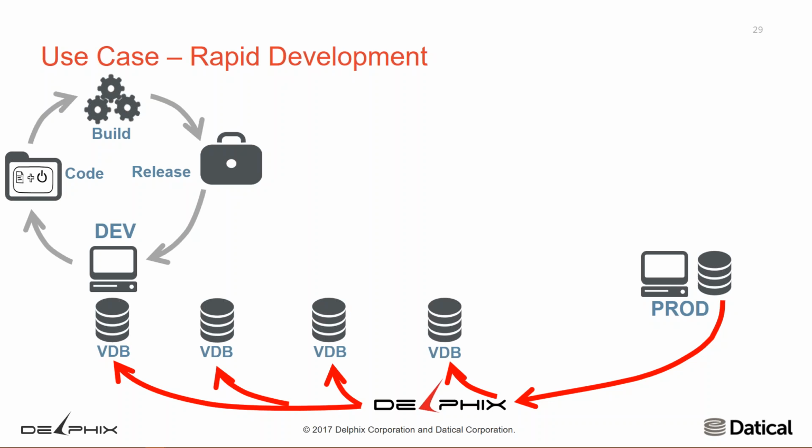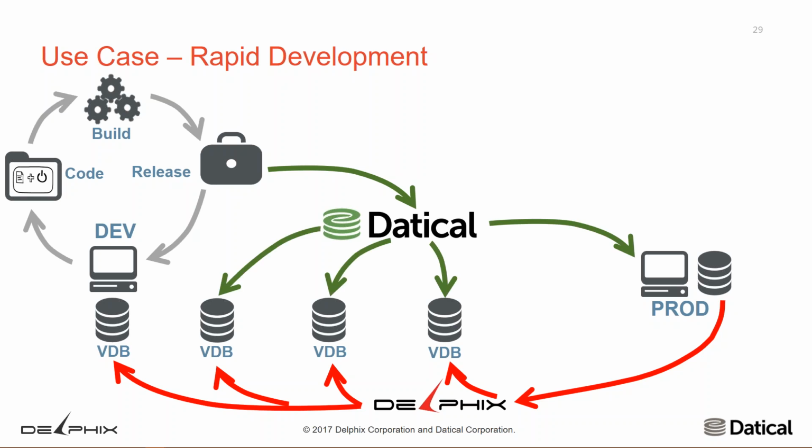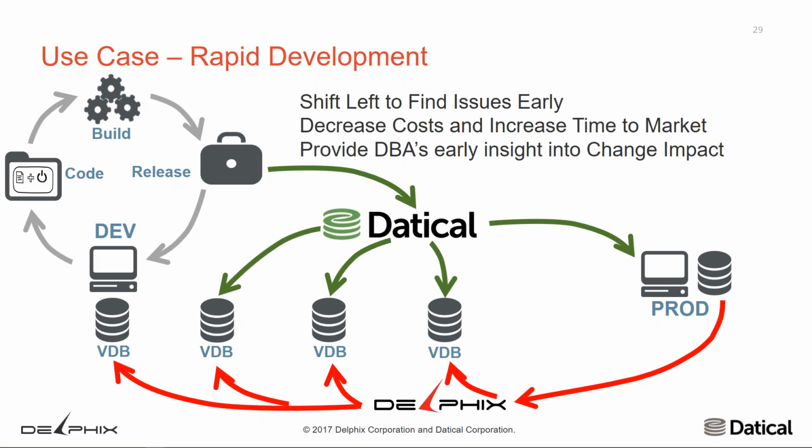Where Datical fits into this idea is that those database changes, all right, where you say add a column, rewrite this stored procedure, those sorts of things, are then pushed to those virtual databases the same way you would to a database on a physical instance or in the cloud or something like that.